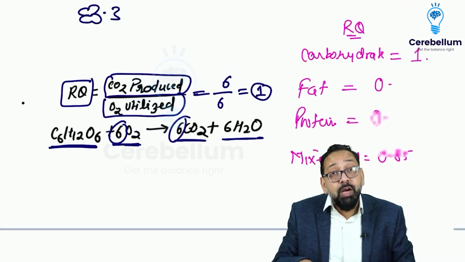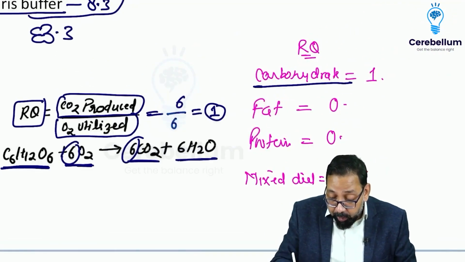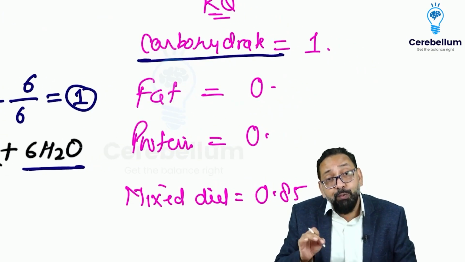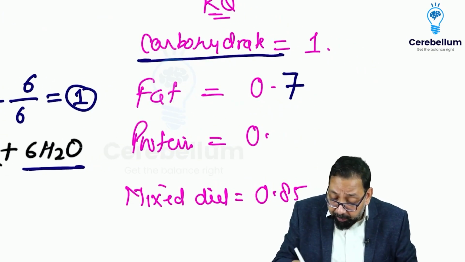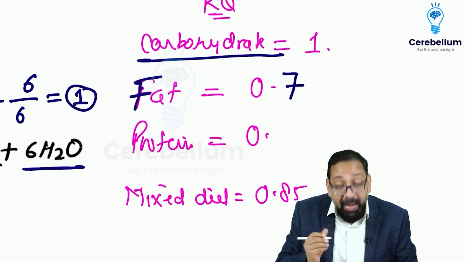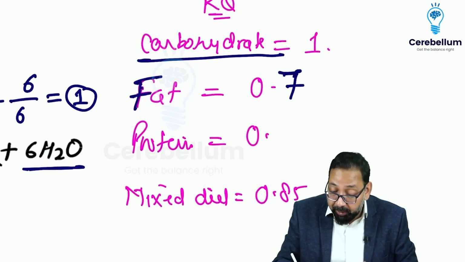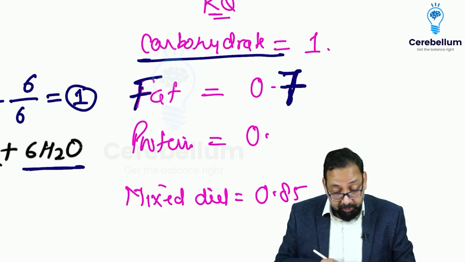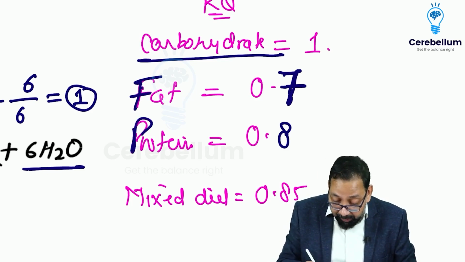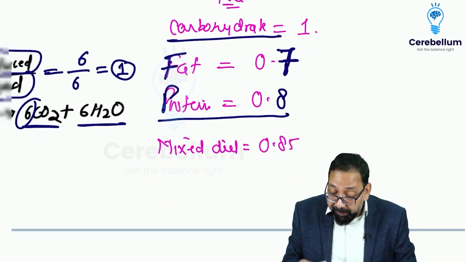So RQ for carbohydrate is 1. A question is asked that RQ of fat is 0.7. How will you remember? If you write F and rotate this F, it becomes 7. 0.7. Protein 0.8. RQ of a mixed diet is 0.85.